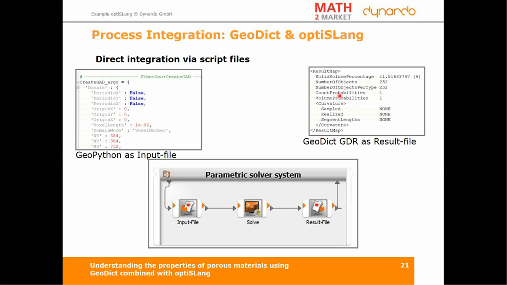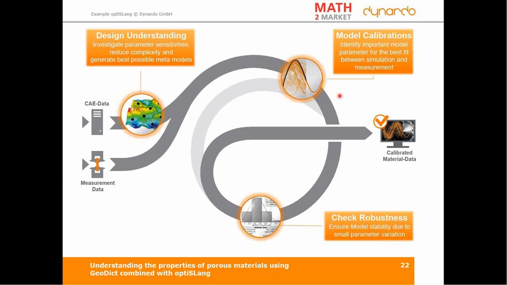So here you can see a view of these two files. And when we are able to integrate these files into the process, then we can go on and start with a design understanding.